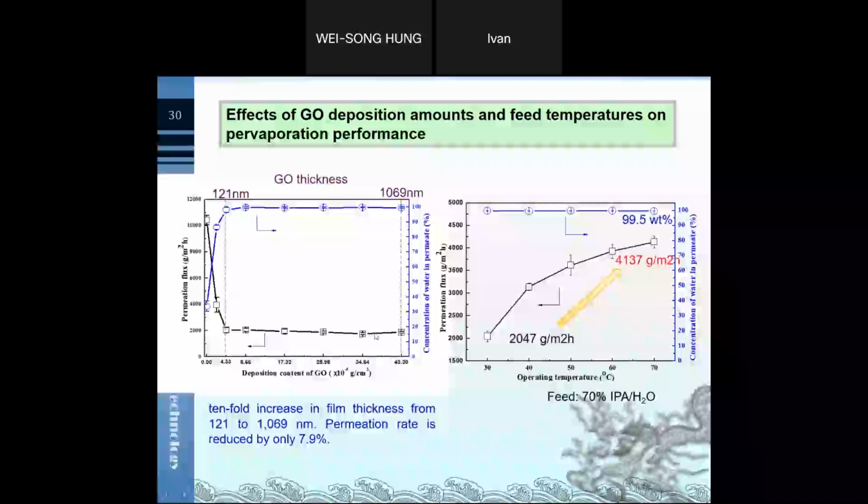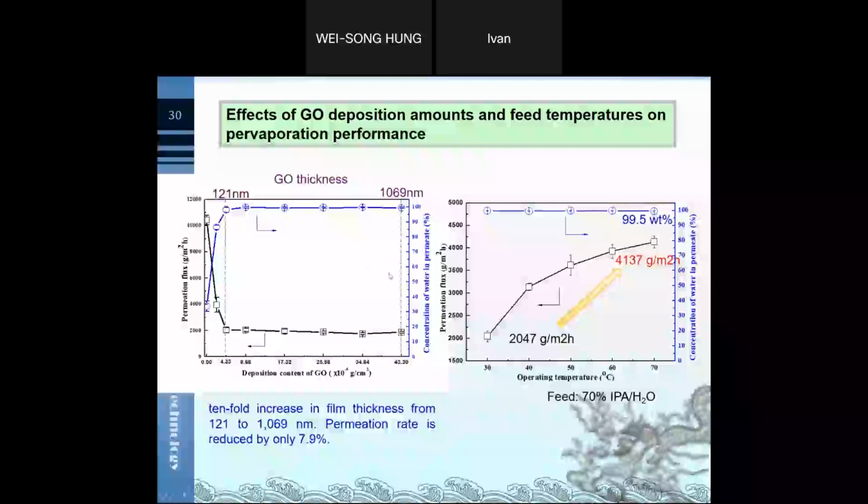Then we find a really interesting phenomenon. When the graphene oxide deposition amount is increased by 10 times, the flux is almost unchanged, suggesting no resistance to the permeation. So the thickness increased 10 times, and the permeation rate only reduced by 7.9%.